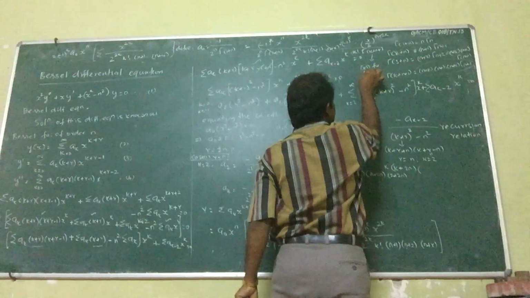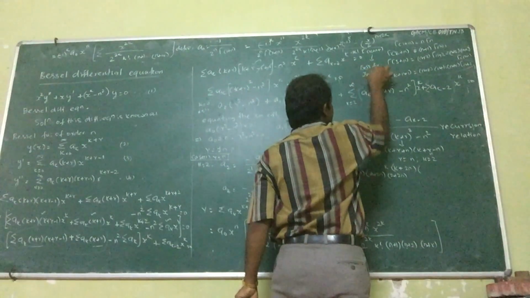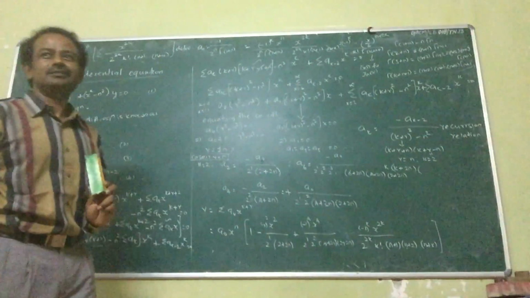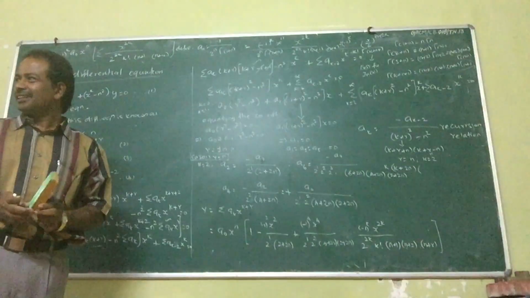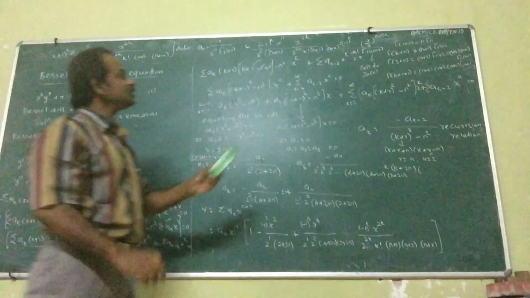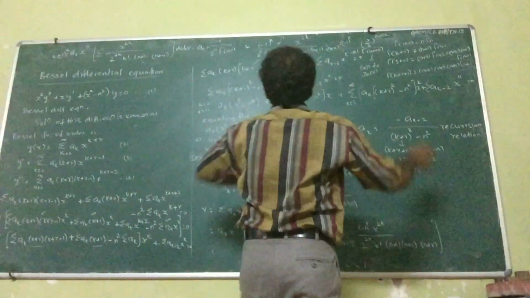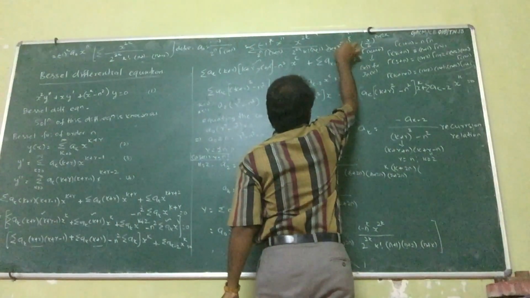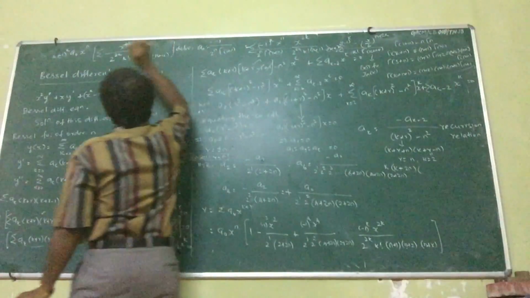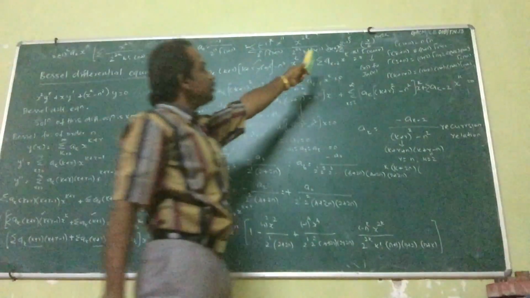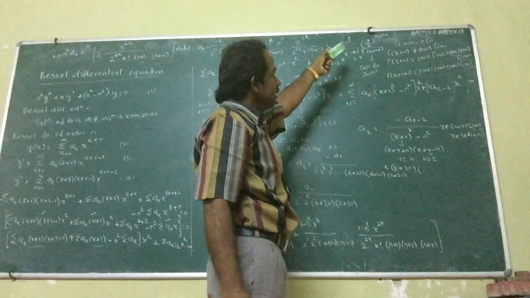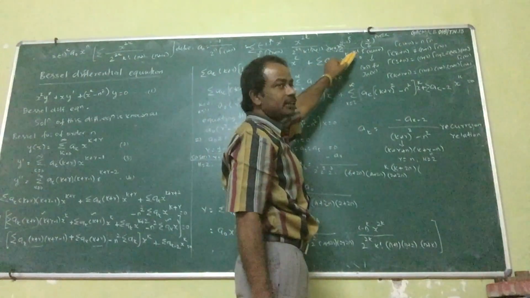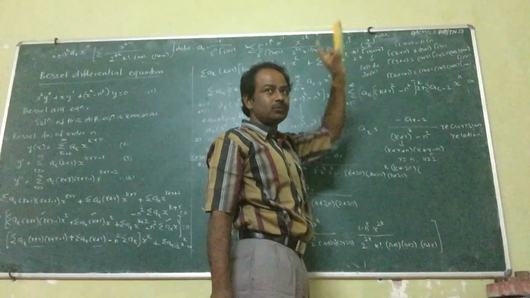So this is your Bessel function, which is denoted as J n of x. We have obtained only one solution. This is one solution, and J n of x equals the summation of minus 1 to the power k, x by 2 to the power n plus 2k, divided by k factorial gamma n plus k plus 1.